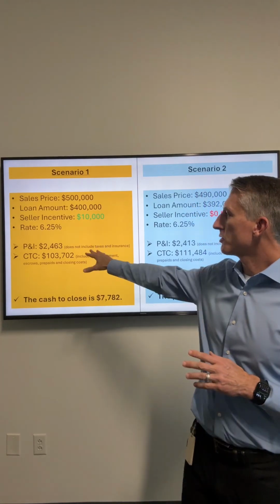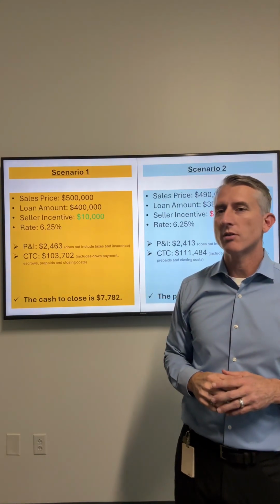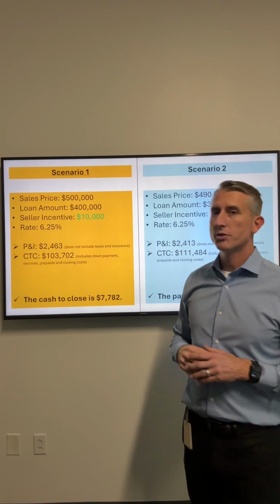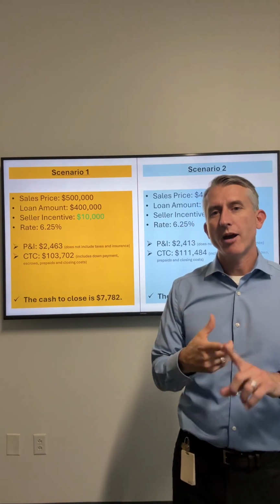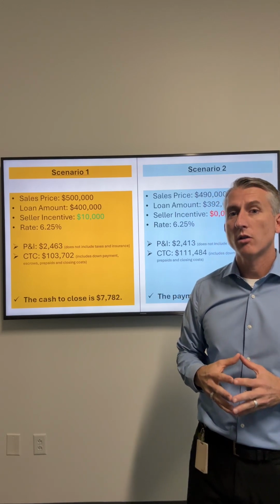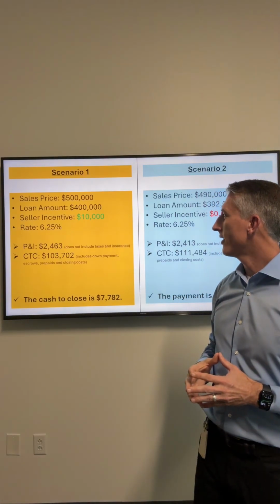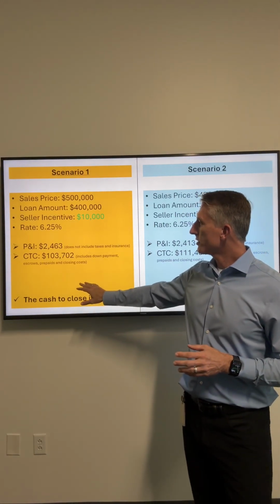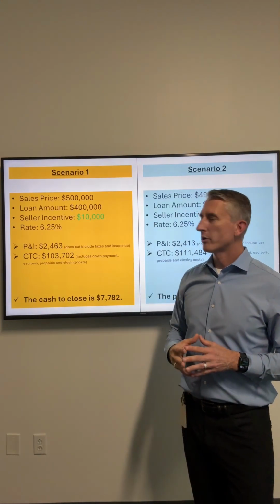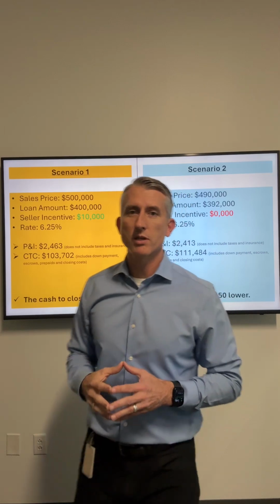So just principal and interest, $2,463. Your cash to close is $103,702. That does include down payment, prepaids, escrows, and your closing costs, along with your credit for $10,000. So in this scenario, you've got $103,702 at closing and a principal and interest payment of $2,463.